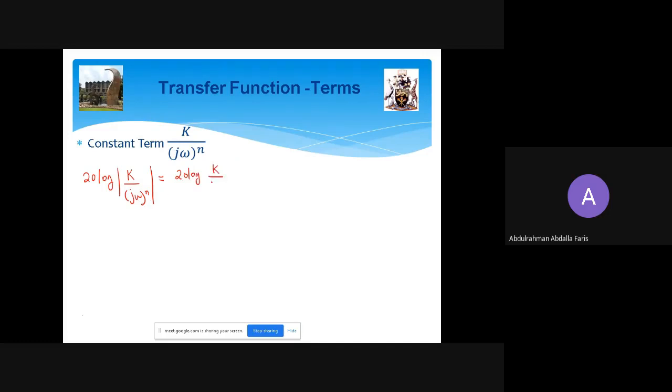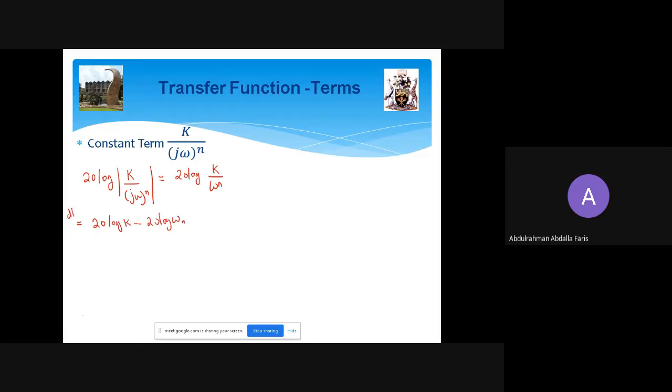This one will be just omega n. When we open this, since it's a division, it will be just minus 20 log omega n.